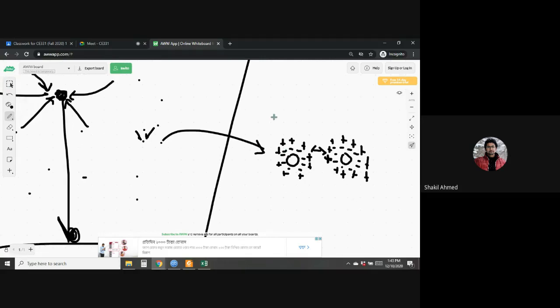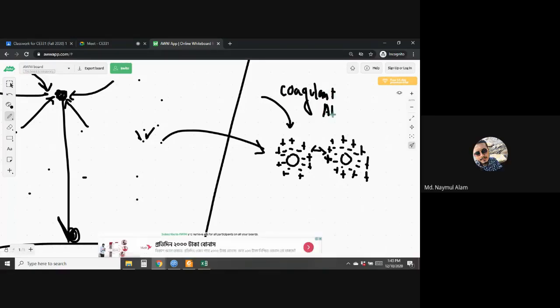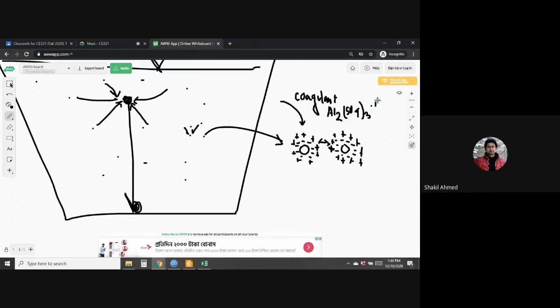So to do this, one way is to add some coagulant. Who are coagulants? For example, alum, aluminum sulfate, connected with 14 molecules of water. This is 14, not 24.